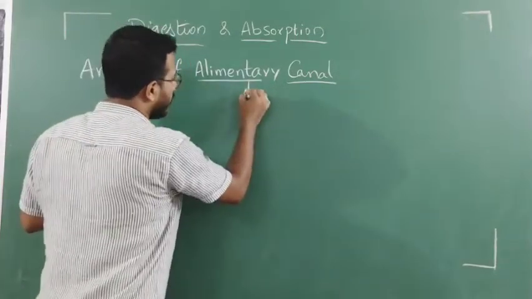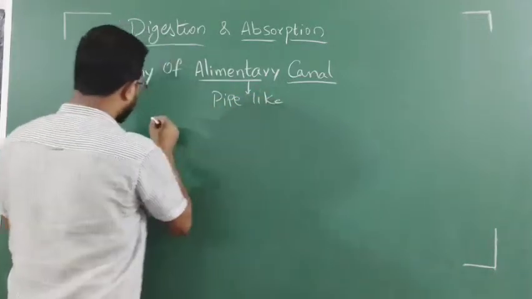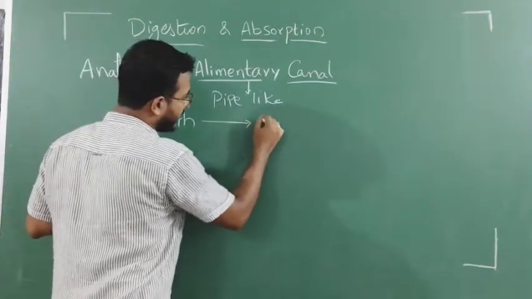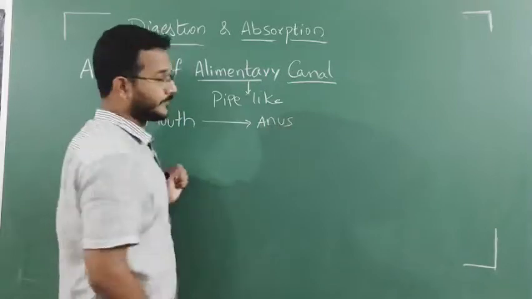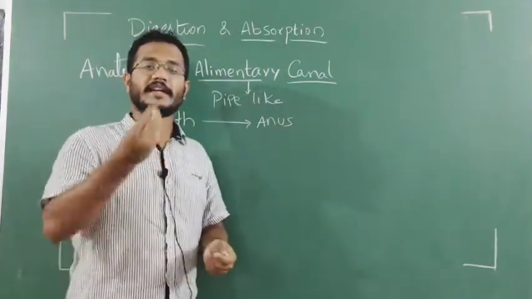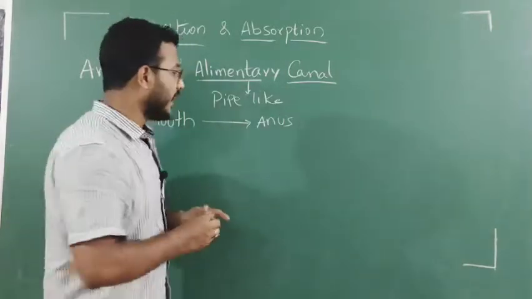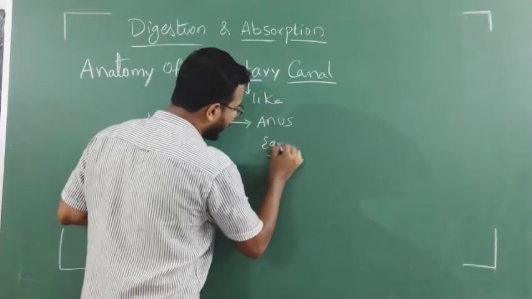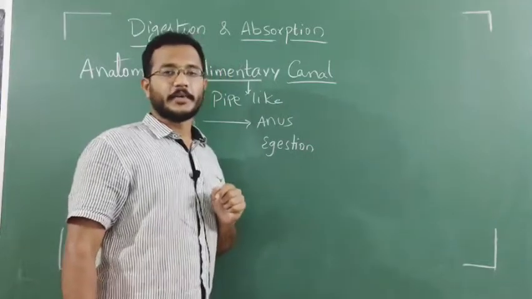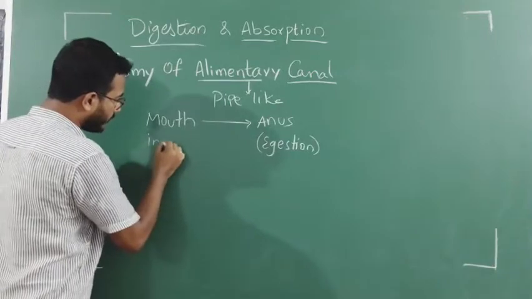So the alimentary canal is a pipe-like structure that starts from the mouth and ends at the anus. The mouth is helpful for the ingestion of food materials, and the anus is helpful for egestion, that means output of the waste or undigested material.